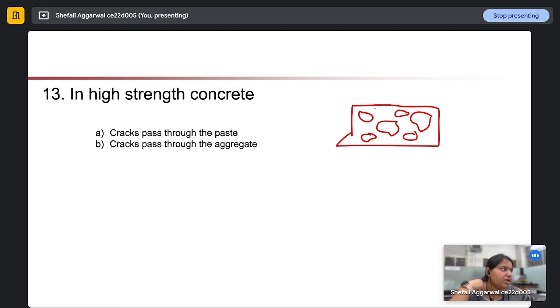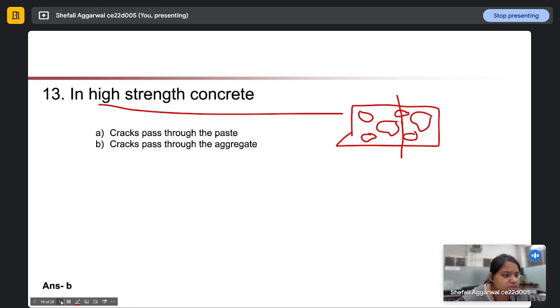We will have a very strong matrix. The force will be very less, and the bond within the concrete matrix will be very strong. So in this type of concrete, firstly the aggregate will break through, and the cracks will form through the aggregates, not through the cement paste. Okay.